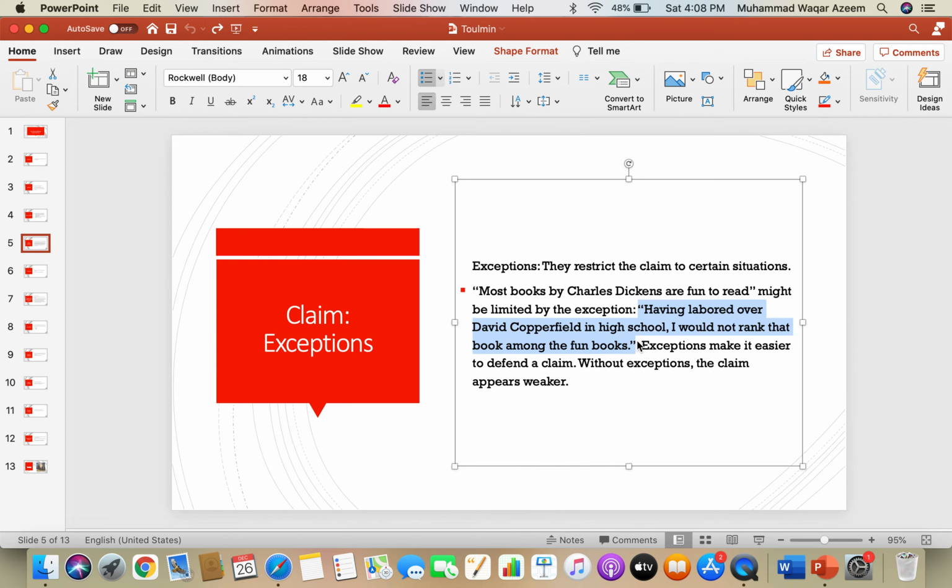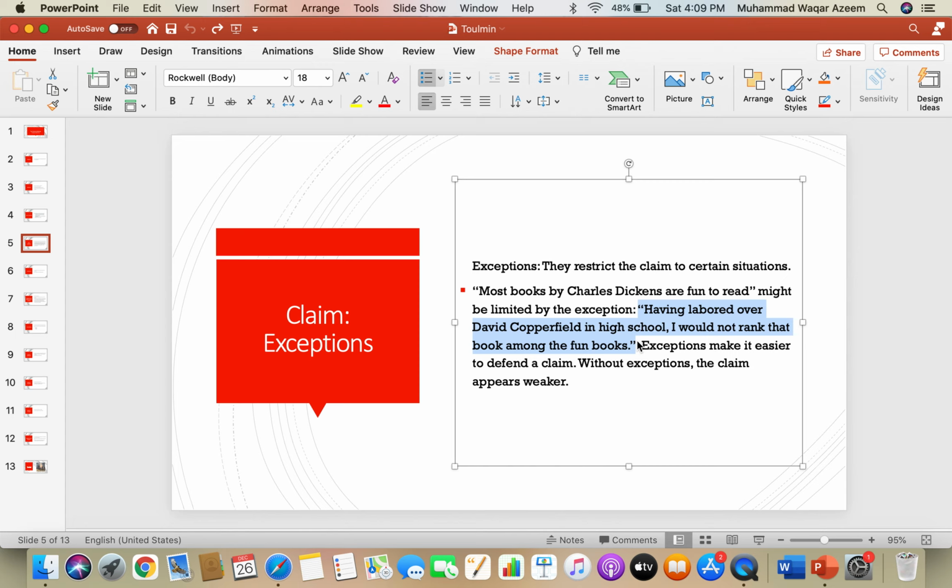So when you read a claim by a writer, you must notice if the writer has put the claim with a qualifier or without a qualifier. If it is without a qualifier, then it is easier for you to point out the limitations or the weakness in that claim.